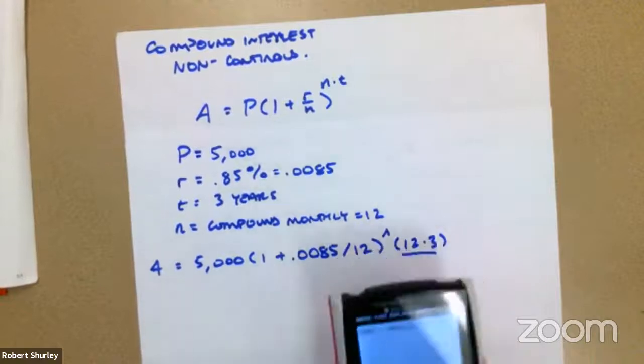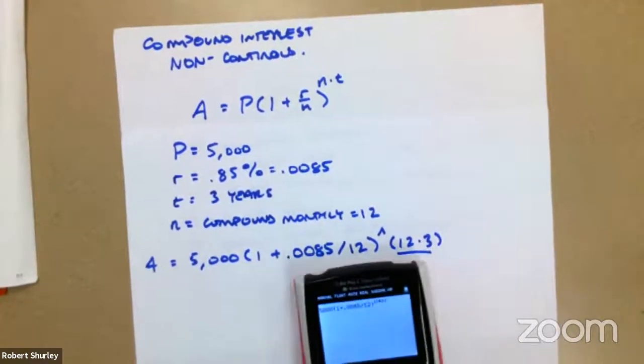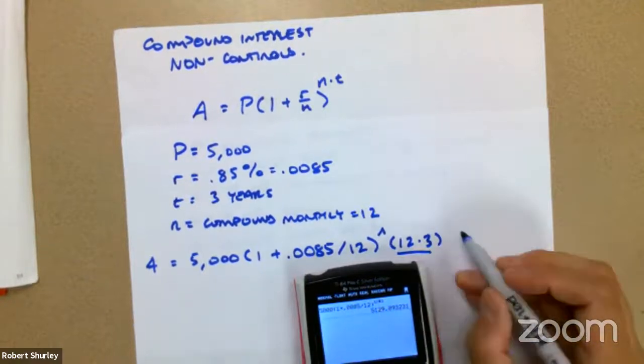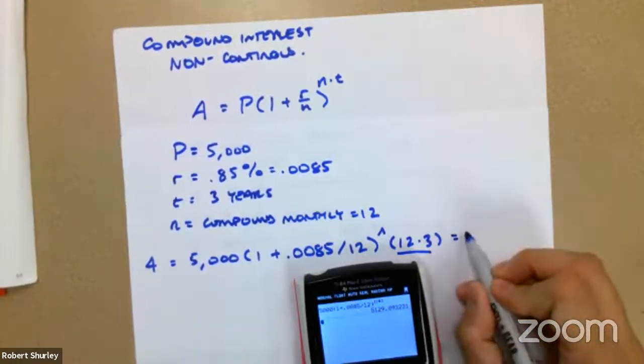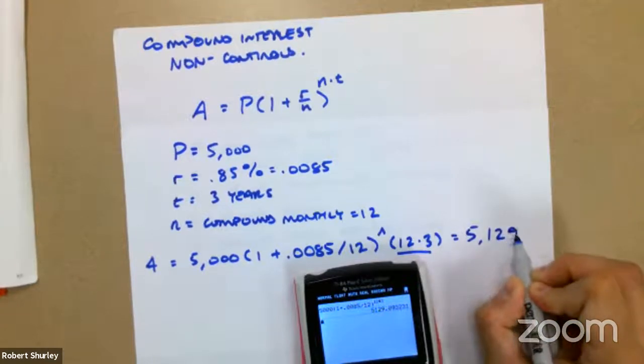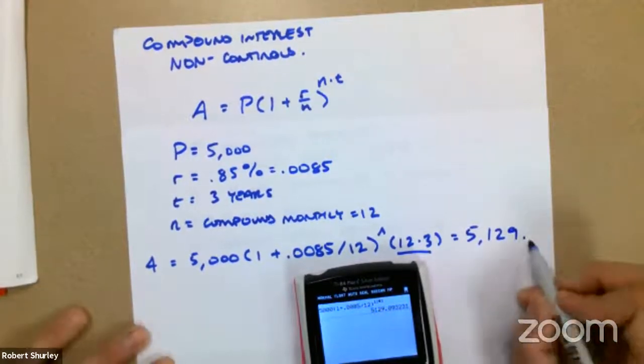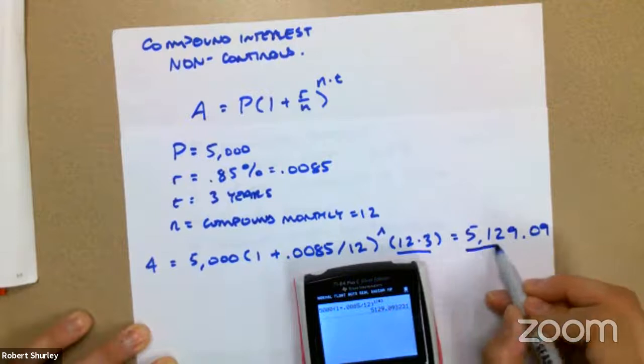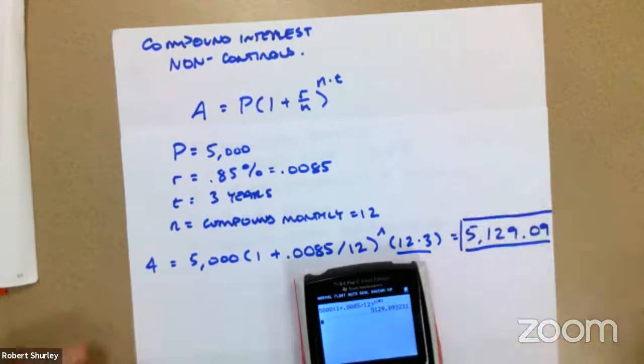Some of them make you do that. It makes it look like this. It just depends on the calculator. Oh, I got a whopping $129. So 5,129. Of course, for this one, we're going to round it to the penny. So 0.09. So that is in our account after 3 years.